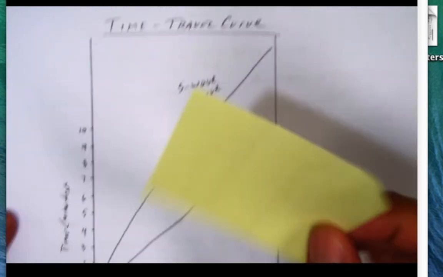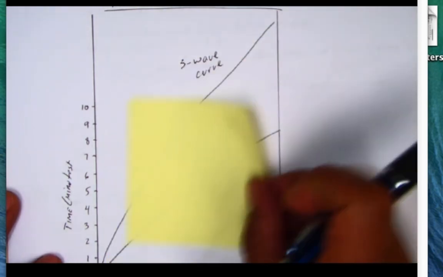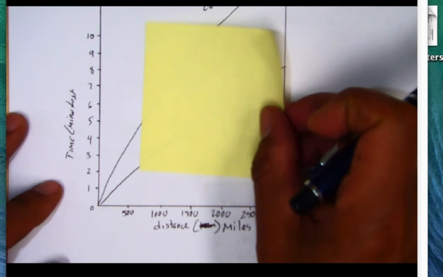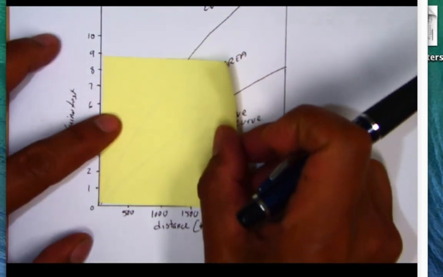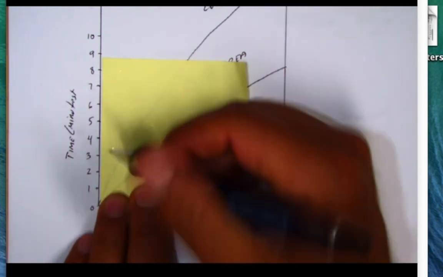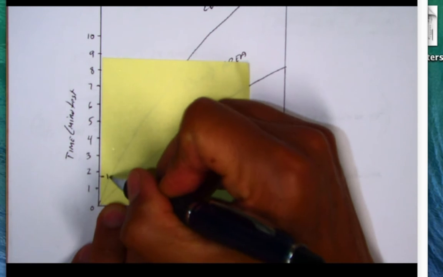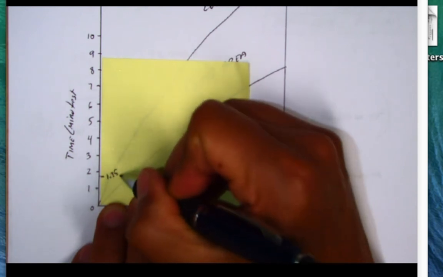The way to do that, you need a little piece of paper that you can move around on this graph. We set this at the ordinate here, and then we calibrate this to 1.75 minutes.